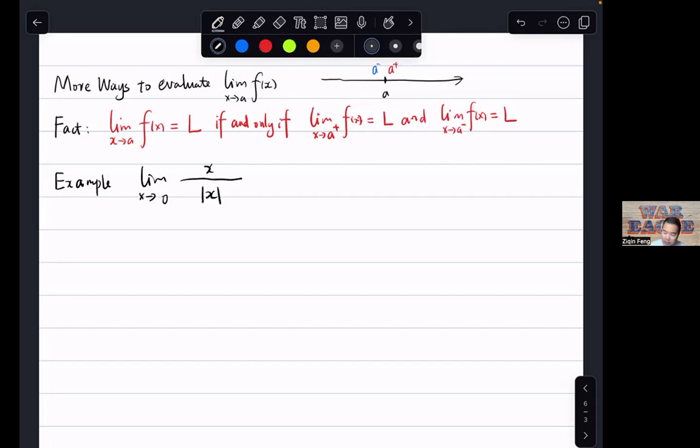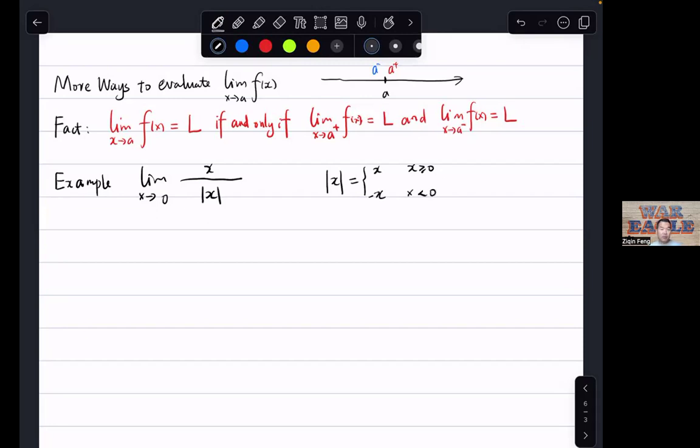By the definition, the absolute value of x is either x when x is greater than or equal to 0, or negative x when x is less than 0. That's what we know about the definition of absolute value.